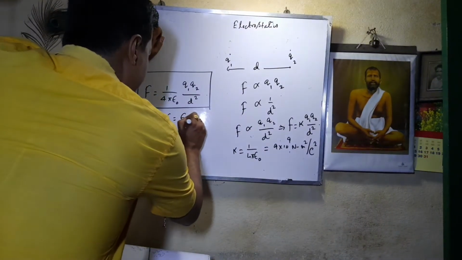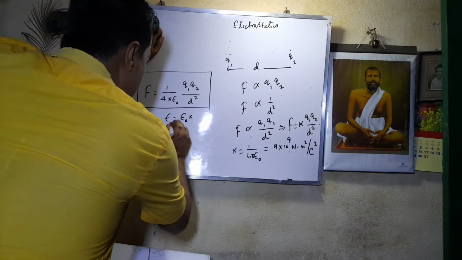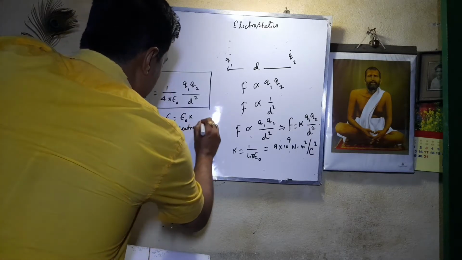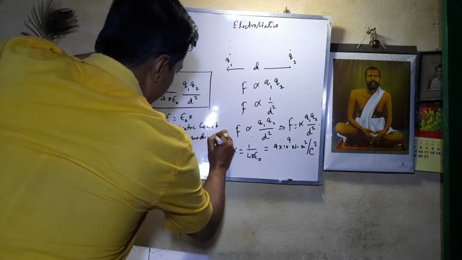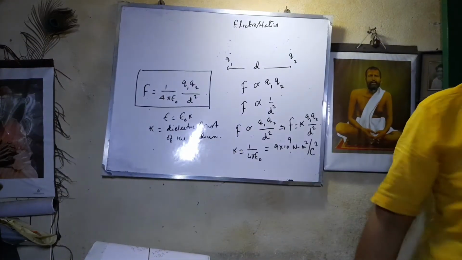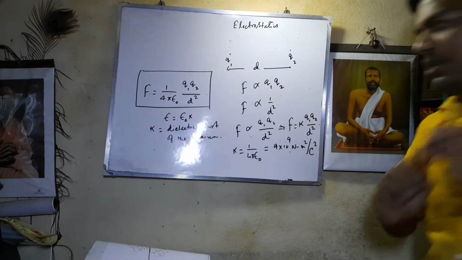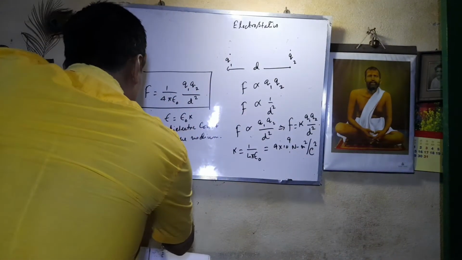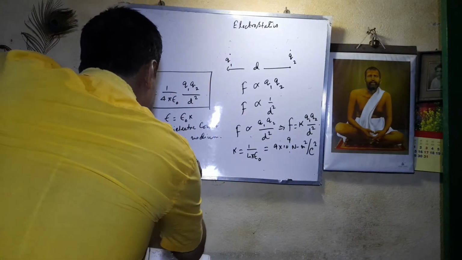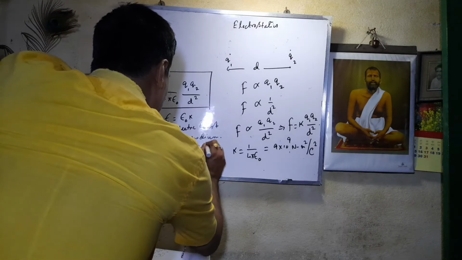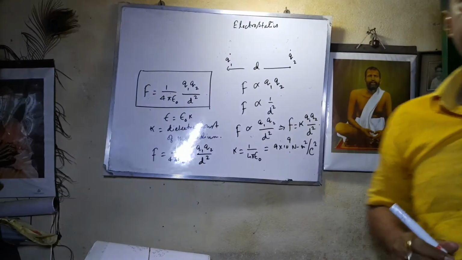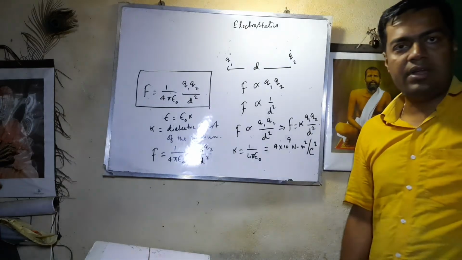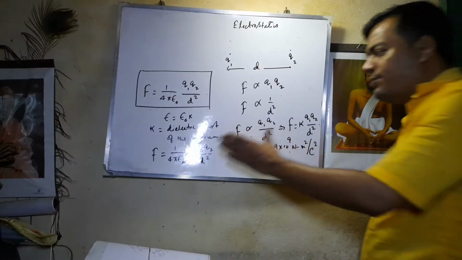So the electrical permittivity of that medium will be epsilon, that is epsilon naught into K. This K is known as the dielectric constant of the medium. Therefore, F equals 1 by 4 pi epsilon naught into K, Q1 Q2 by d square. So it is for the other medium.